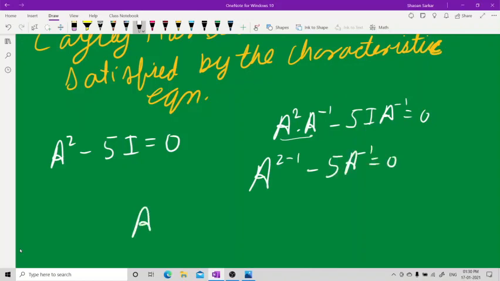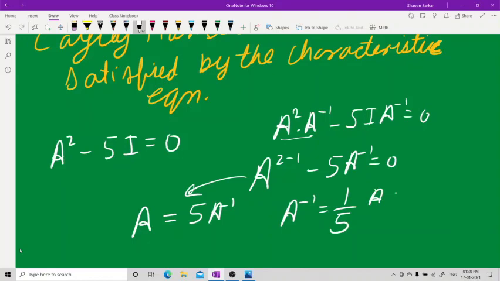So A is going to become 5A inverse. So A inverse is 1 upon 5 A, which is 1 upon 5 times 1, 2, 2, minus 1.